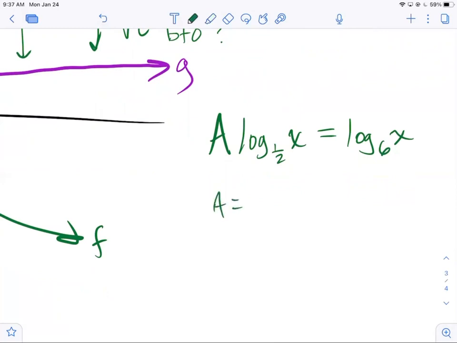If I solve for A, I divide both sides by log base 1/2. So I get log base 6 of X all over log base 1/2 of X.